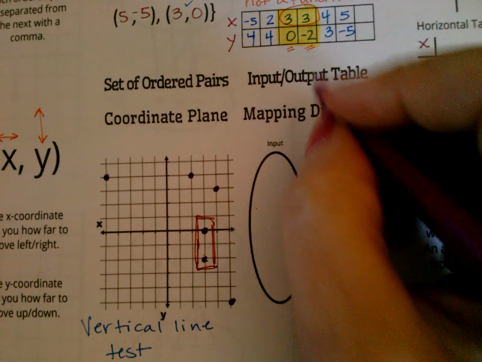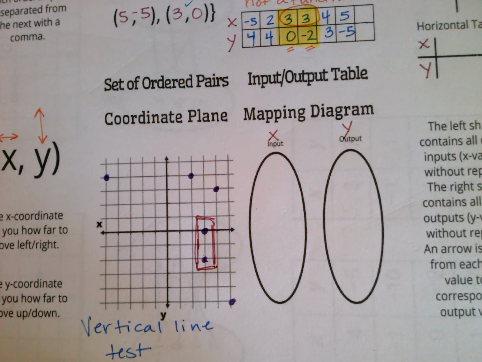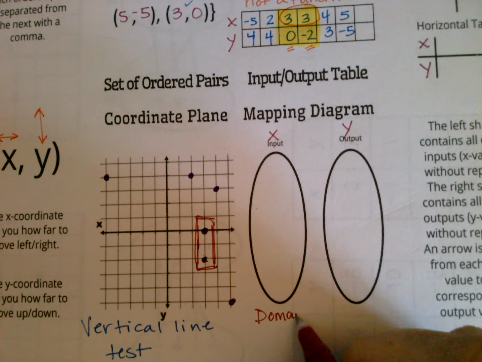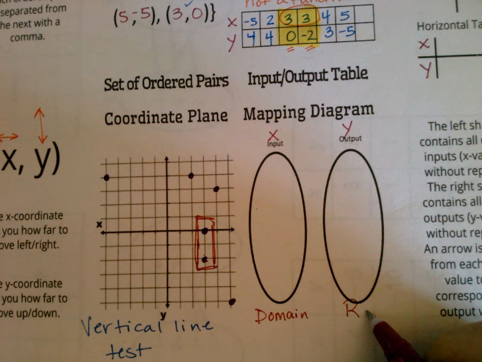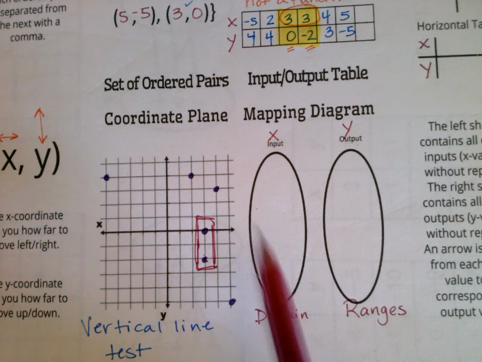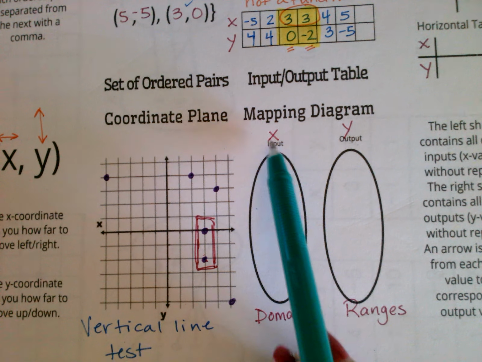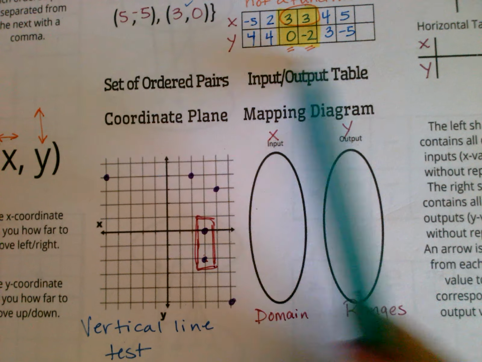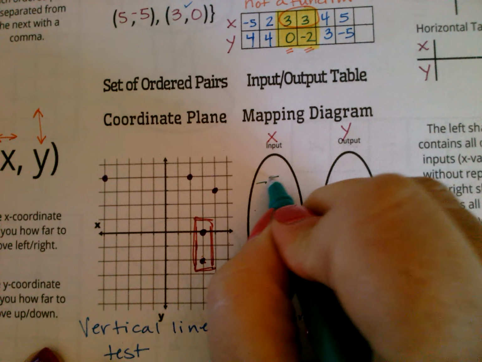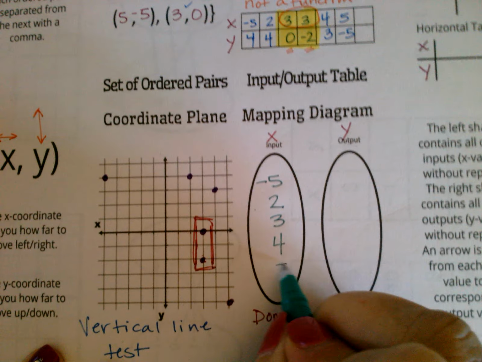Mapping. Remember, our inputs are our x's, our outputs are the y's, our inputs are the domain, and the outputs or the y's are the ranges. We are now going to list, without any repeats, the x's from our set of ordered pairs above in numerical order, least to greatest, with no repeats.